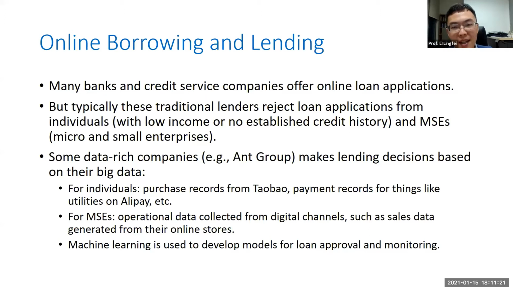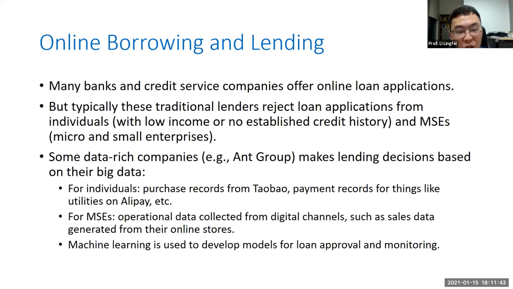But the bank may not know about you, okay? Sometimes they have very little information about you, okay? And because they have little information, they are unwilling to lend money to you. I don't know you. I think you are very risky, so let's not do business with you, okay?